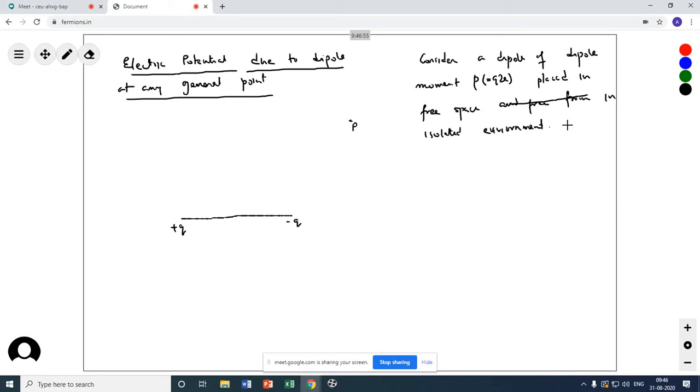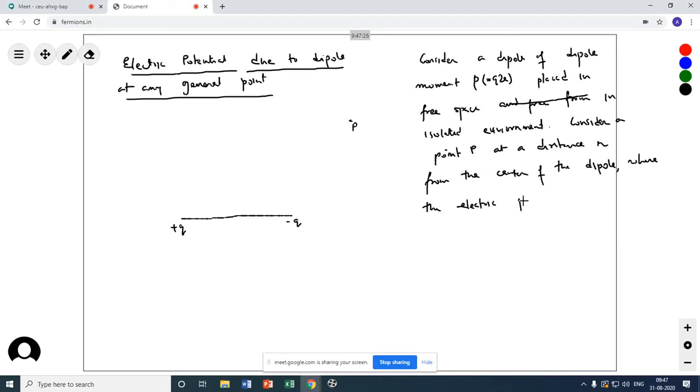Now consider a point P at a distance r from the center of the dipole, where the electric potential due to the dipole is required to obtain.